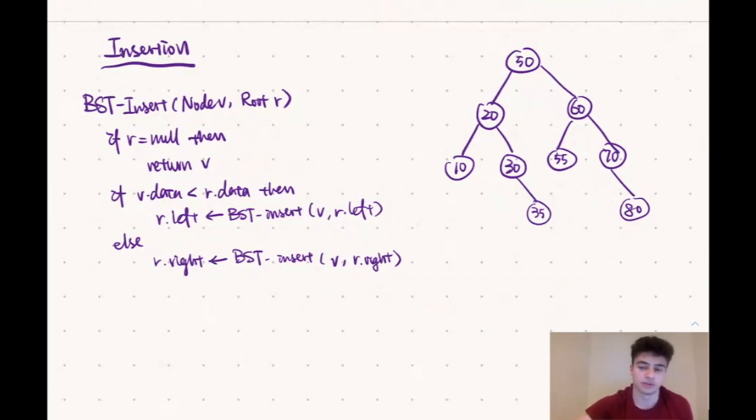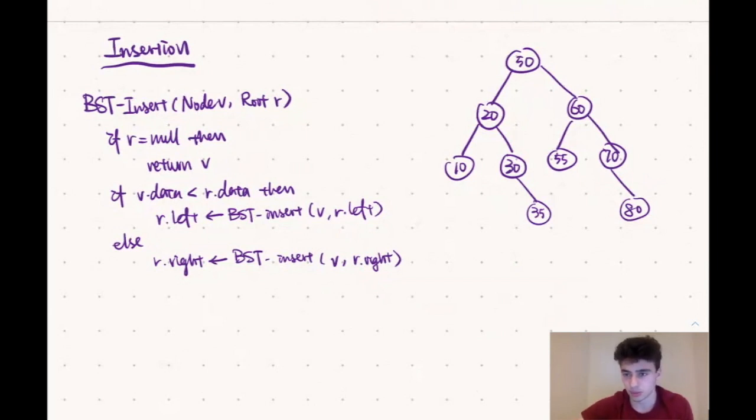On the other hand, if the data is larger, then we're going to set the right child of our root to be the recursive call of binary search tree insertion on the same node to insert and the right child of our root.